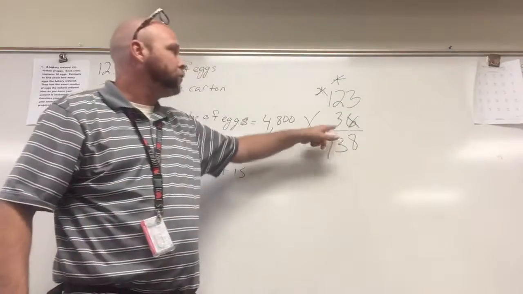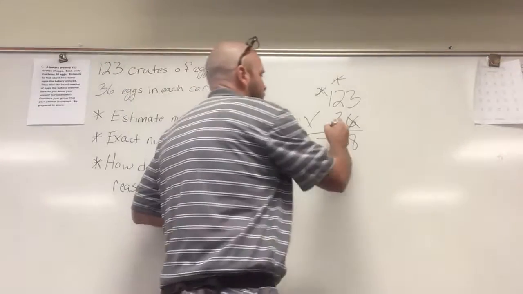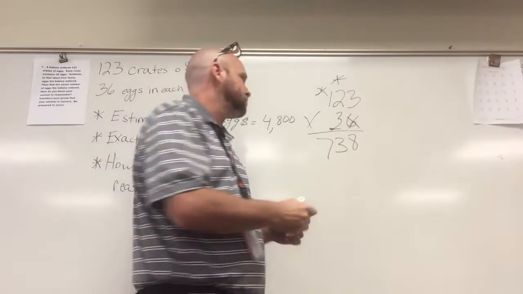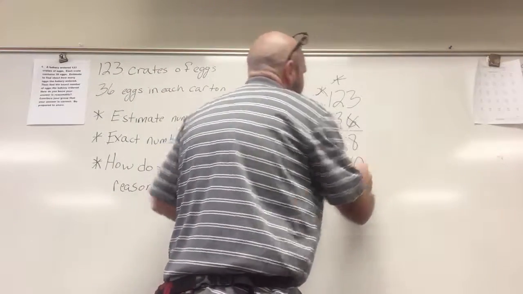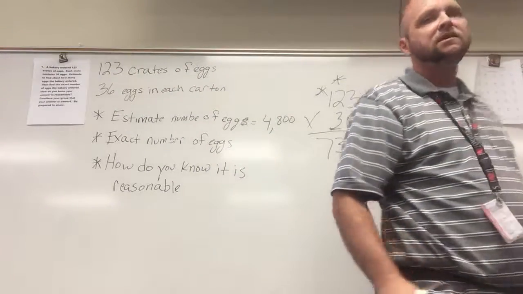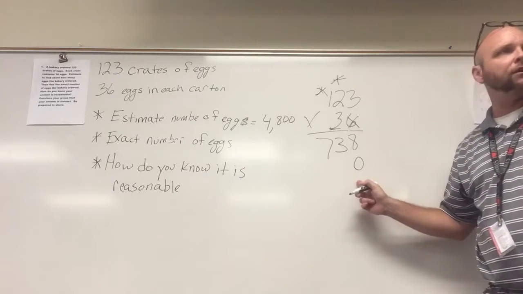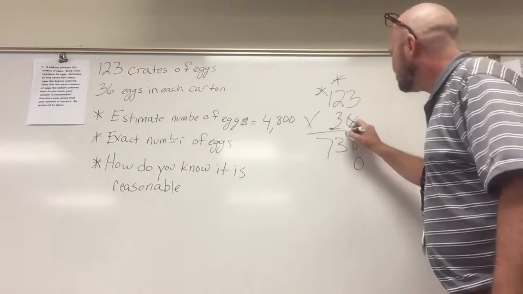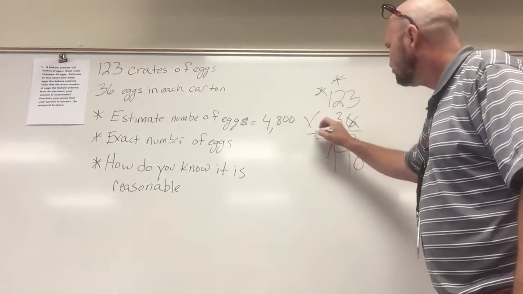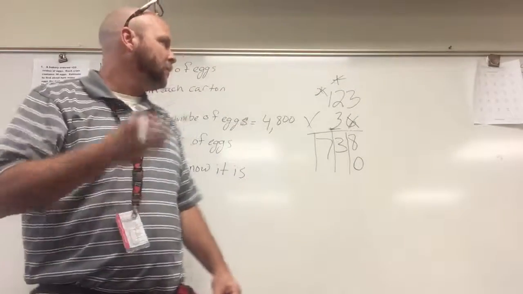Now I'm moving to the 3, which is in what place value? Tens. Since my 3 is in the tens place, I need to put my first number in the tens place. So I have to put a placeholder here, or a 0, so that my place values are lined up. And this is why you see some people put lines down it.